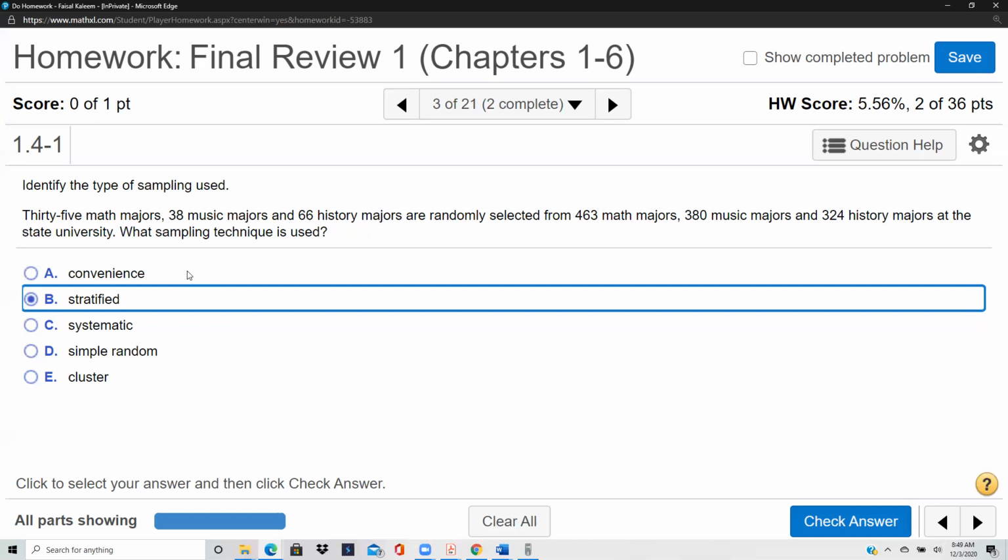They select everybody who's a math major and they select everybody who's a music major. So here all the majors were selected, but not all the students of those majors were selected, right? Right. But in cluster, you would select a couple of majors or maybe how many, but not all the majors. But then from those majors, you would select every student.